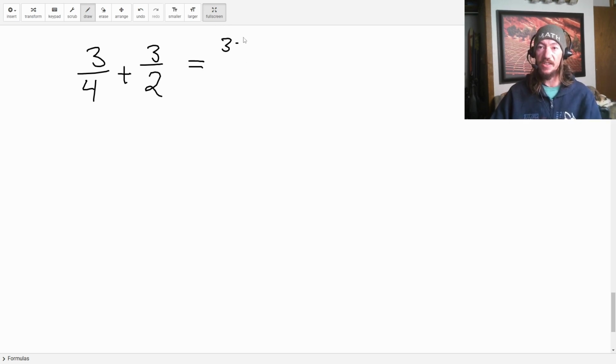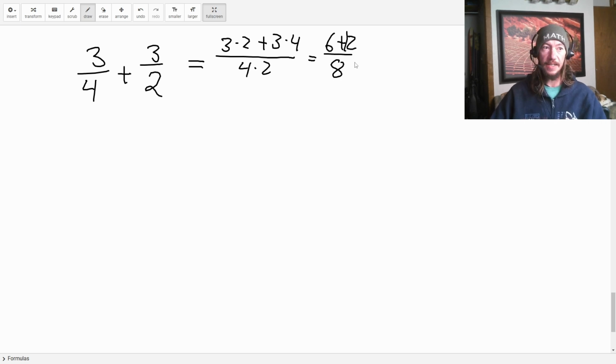Well, let's see, that's 3 times 2 plus 3 times 4 over 4 times 2, which is going to be 6 plus 12 over 8, which is going to be 18 over 8. Notice how that is not reduced, which means we'd have to do some more work to get it to be reduced.